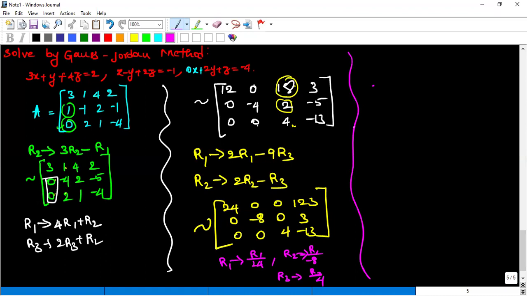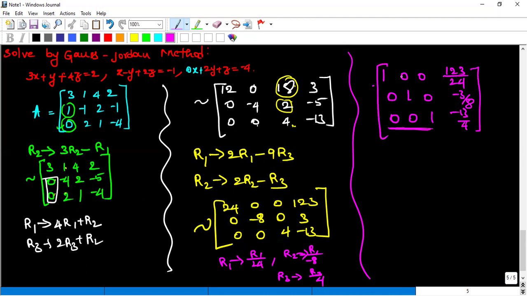R1 by 24: 24 by 24 will become 1, 0, 0, and 123 divided by 24. The second row: 0, minus 8 by minus 8 is 1, 0, minus 3 by 8. Third row we are dividing with 4, so this is 0, 0, 1, minus 13 by 4. Now observe these 3 columns, we got an identity matrix.